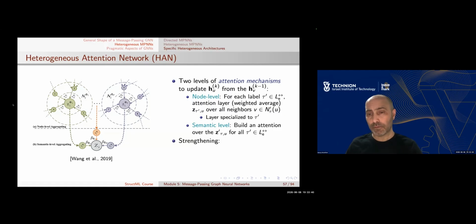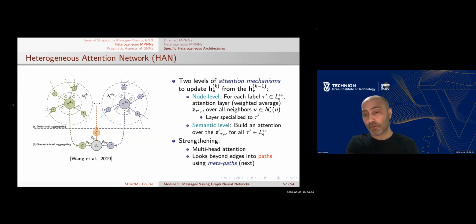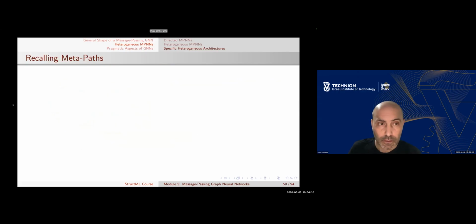So that gives us two layers. Now, as usual, they extend their model to allow for multi-head attention. And also, instead of looking at neighbors, they look at metapaths, or nodes that are connected through paths that correspond to metapaths, just like we've seen previously. So this is a rather standard extension.